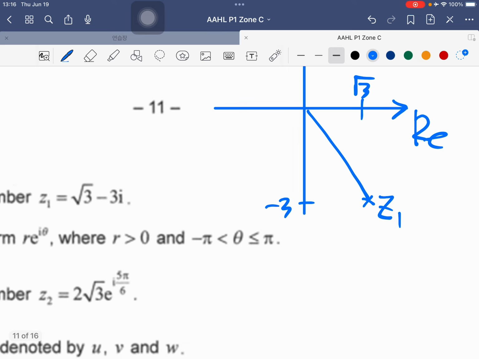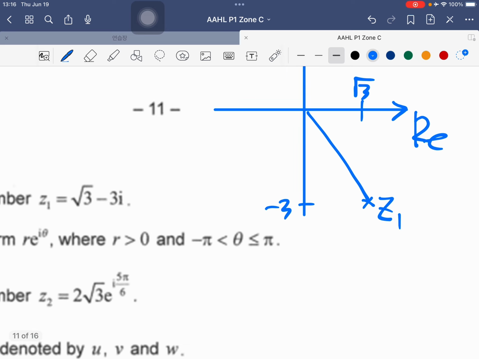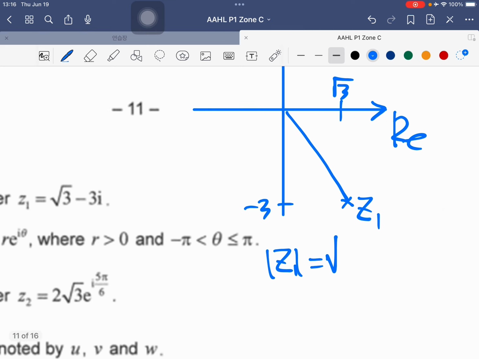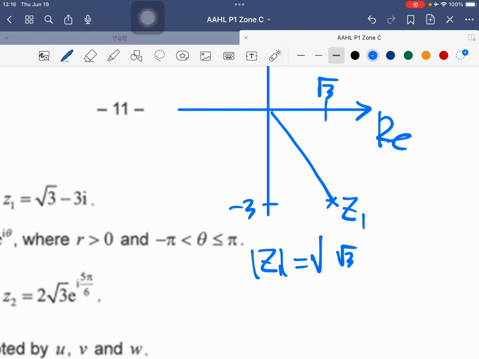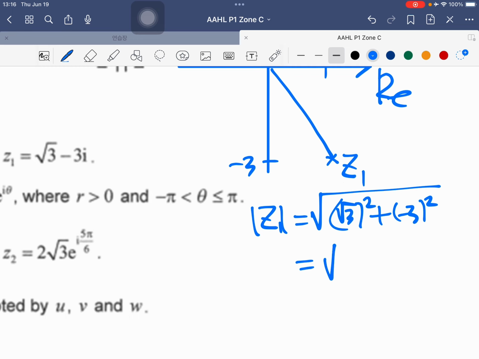Modulus of z1 is the square root of (root 3)² plus (minus 3)². So this is the square root of 3 plus 9 equals square root of 12 equals 2 square root 3.